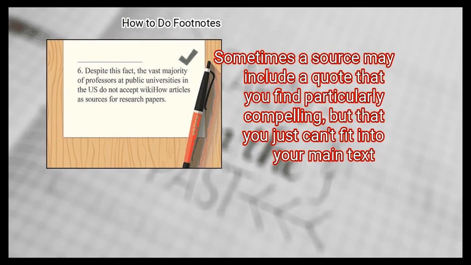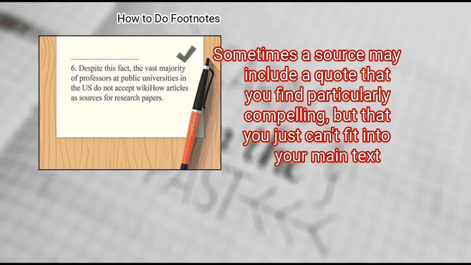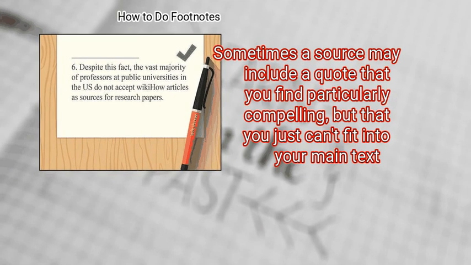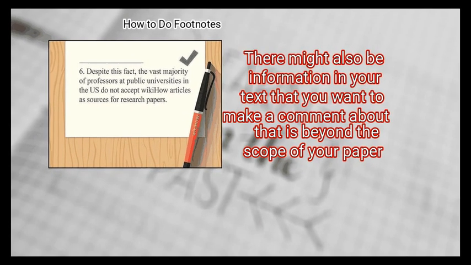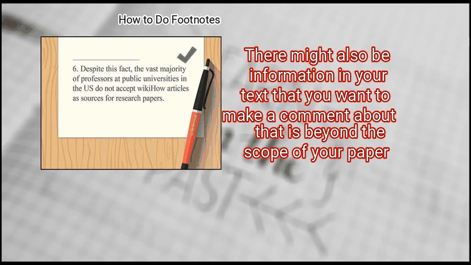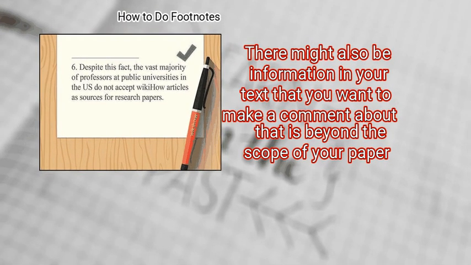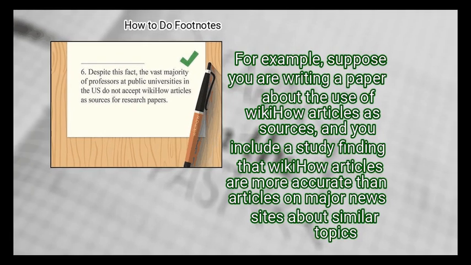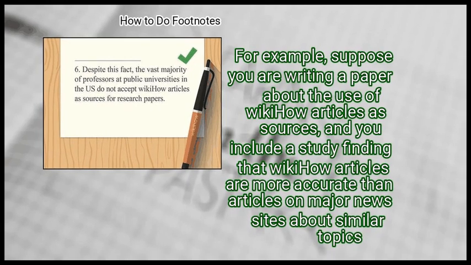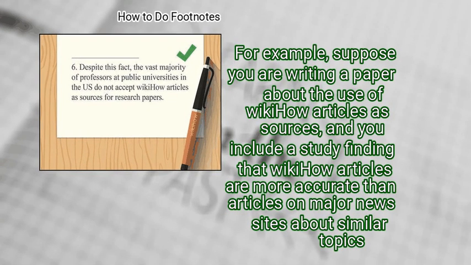Finally, offer quotes or additional commentary to give your paper depth. Sometimes a source may include a quote that you find particularly compelling, but that you just can't fit into your main text. There might also be information in your text that you want to make a comment about that is beyond the scope of your paper. For example, suppose you are writing a paper about the use of WikiHow articles as sources, and you include a study finding that WikiHow articles are more accurate than articles on major news sites about similar topics.